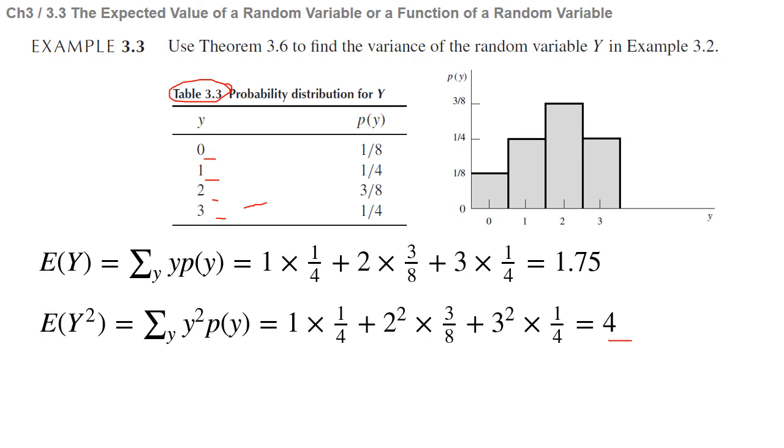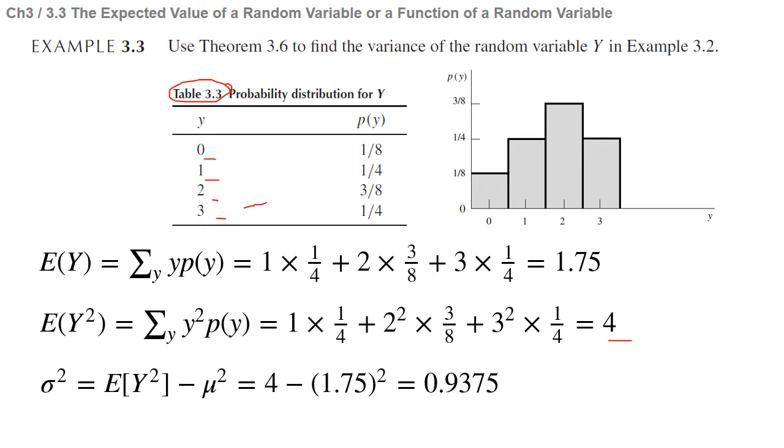And using theorem 3.6, you can express this this way. Sigma squared is the expected value of Y squared minus mu squared, and this is 4 minus 1.75 squared, and the result is 0.9375.